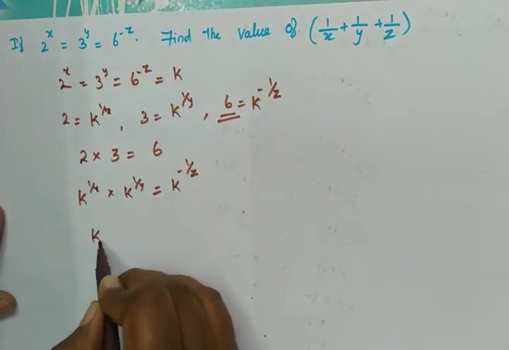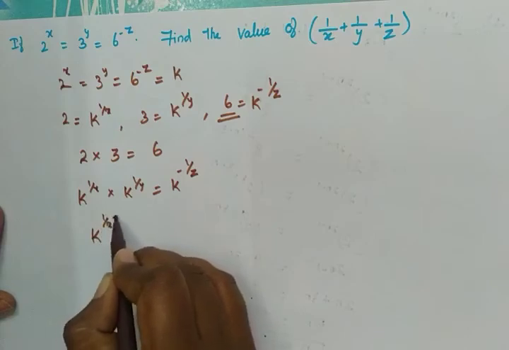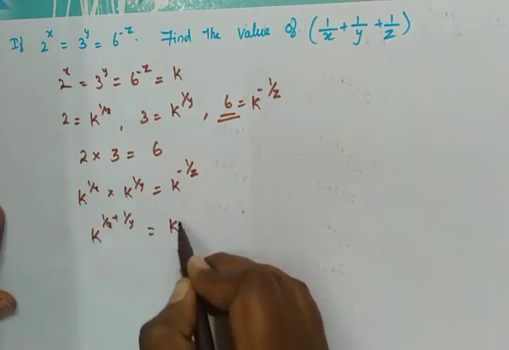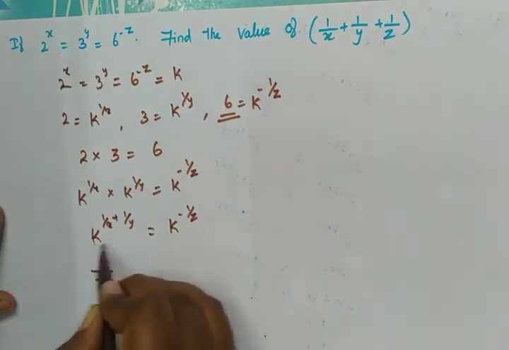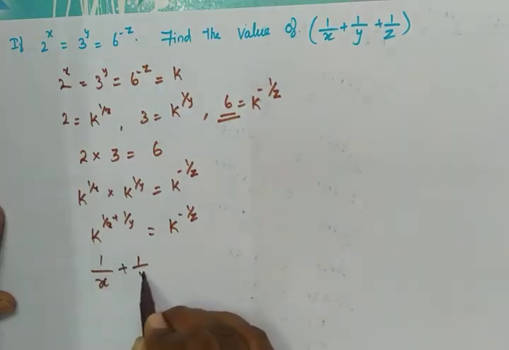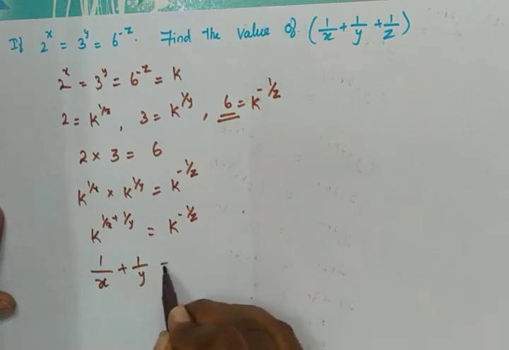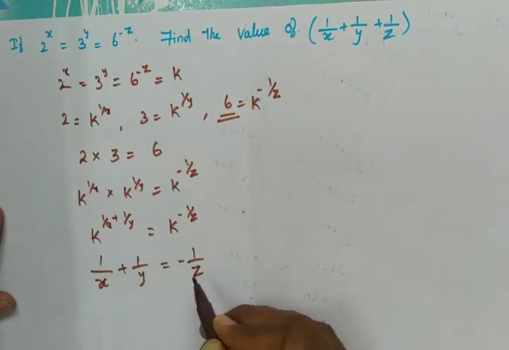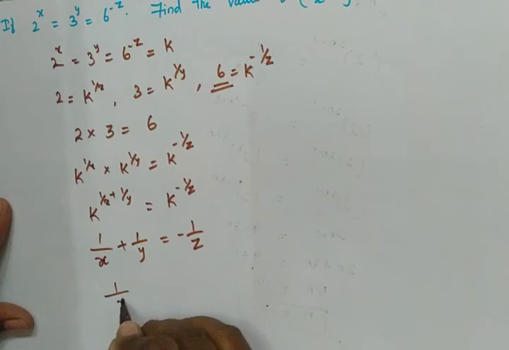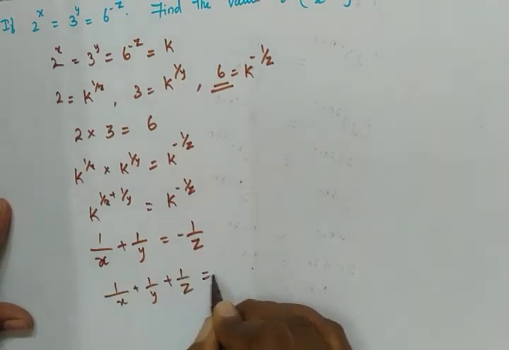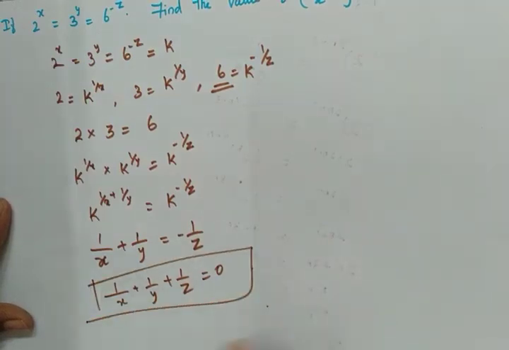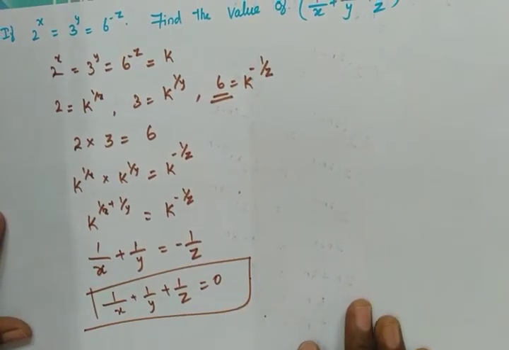Therefore, since the bases are common, 1 by x plus 1 by y is equal to minus 1 by z. Now take this to the left hand side: 1 by x plus 1 by y plus 1 by z will be equal to 0. So like this we have to find the answers for the solution.